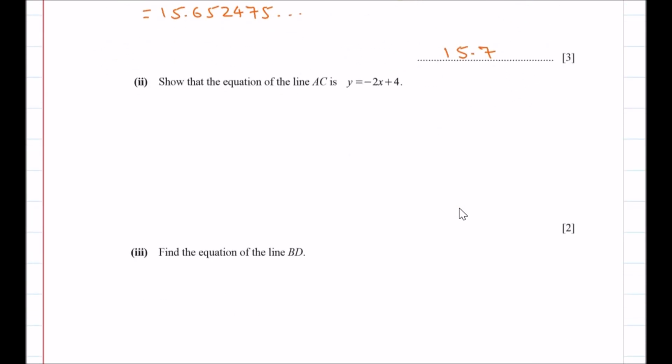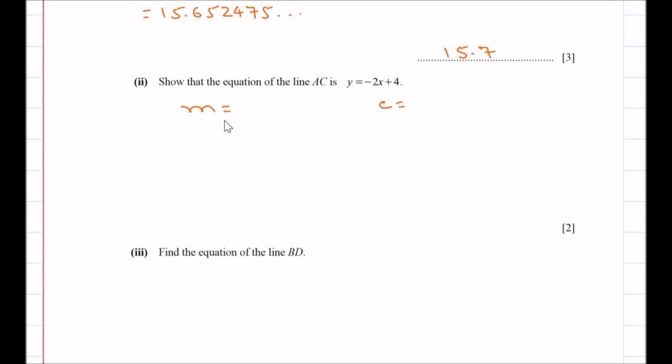Show that the equation of line AC is y equal to minus 2x plus 4. We have been given 2 points and we have to find the equation of the line joining the 2 points. So to write the equation of a line, we need the gradient of the line and the y-intercept, right?